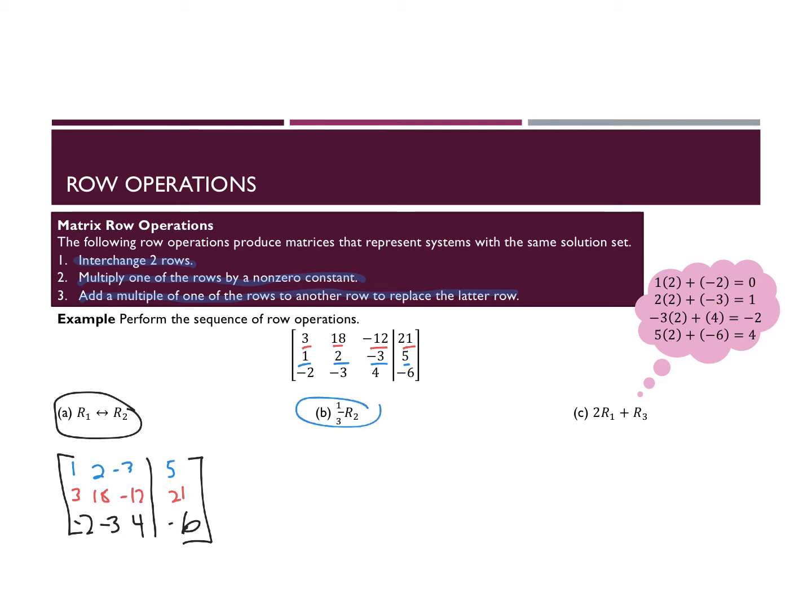If we look at B, it says we're going to take 1/3 times row 2. So I like to write myself a little note on the previous step for the next one, just so I have clarity in my thinking process. And just like with letter A, I'm only going to copy down the rows that are not being changed. So from letter A, I'm going to copy row 1, and row 3.